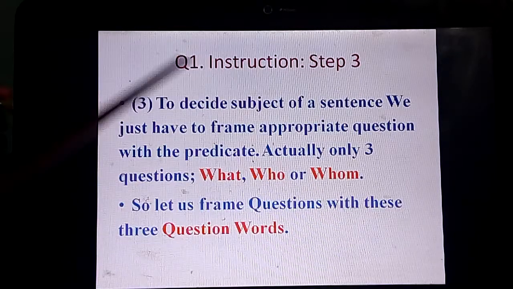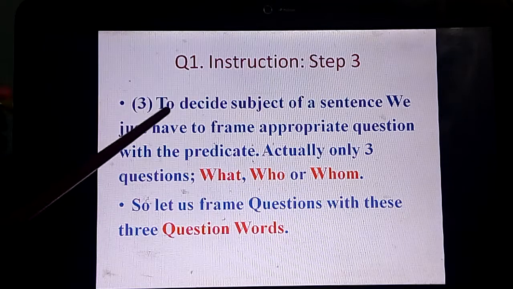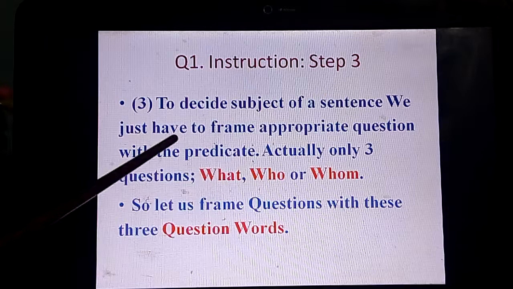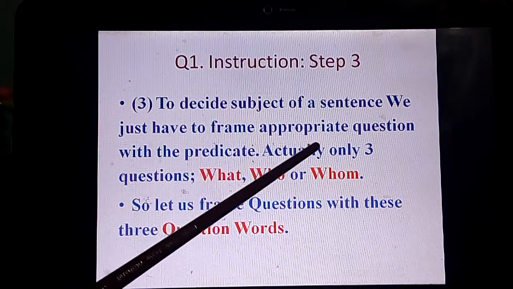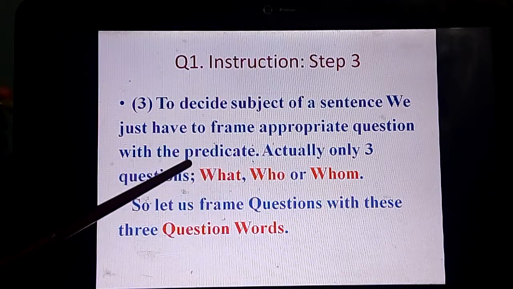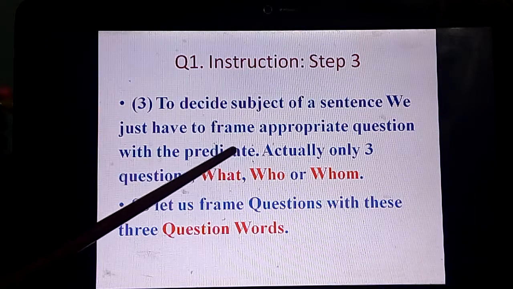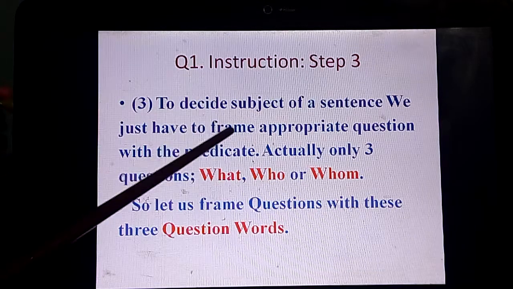So step 3, to decide the subject of a sentence, we just have to frame an appropriate question with the predicate, or in short we can say that we have identified these two verbs.